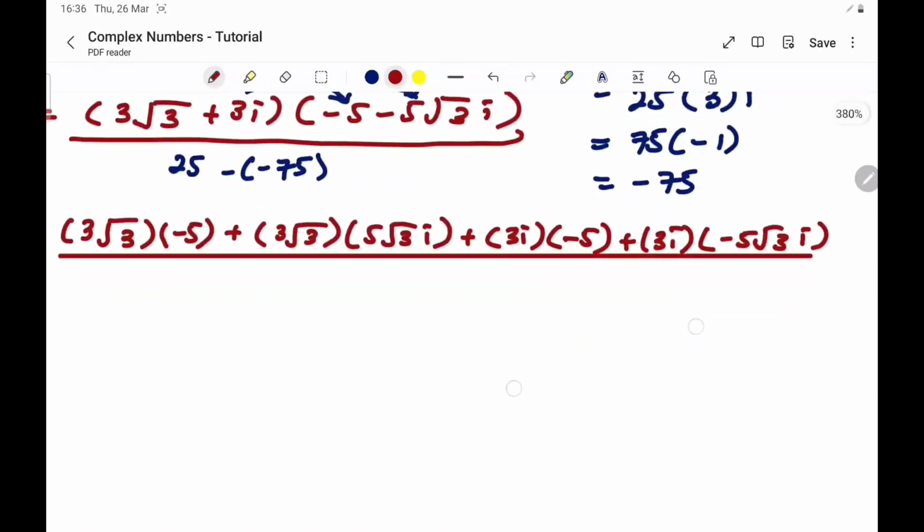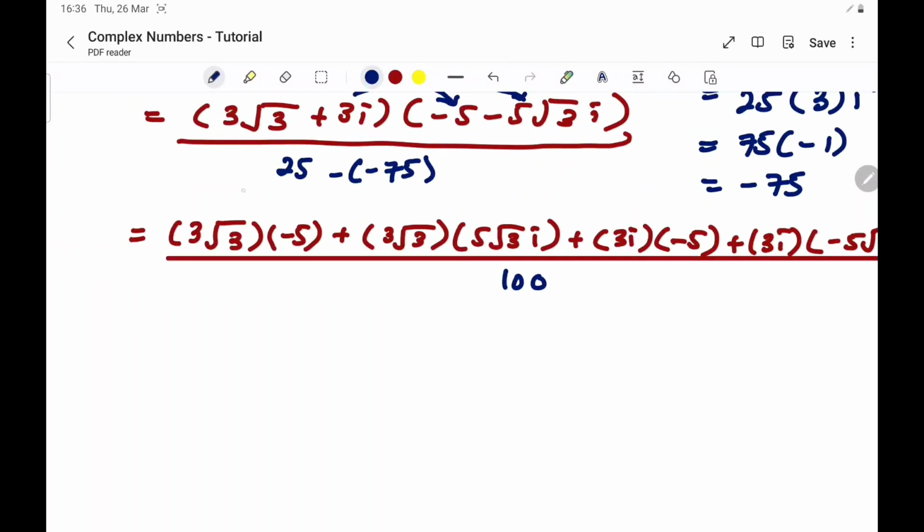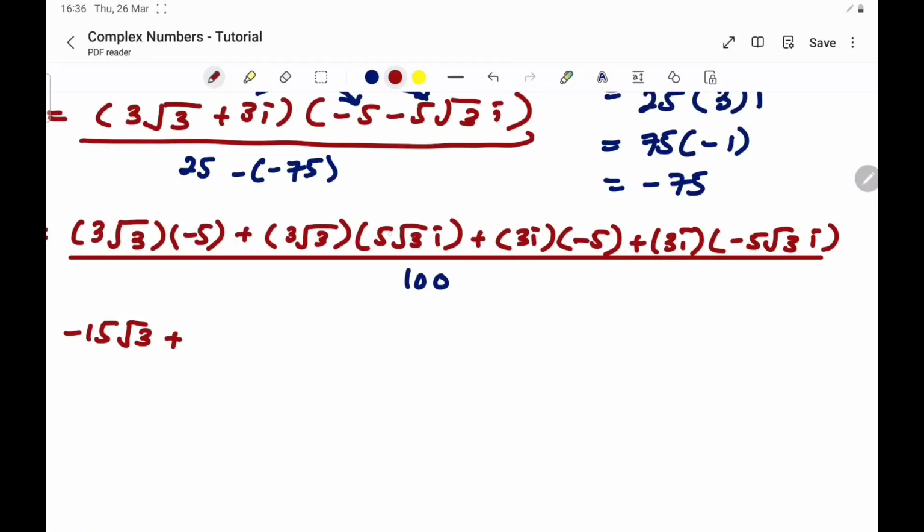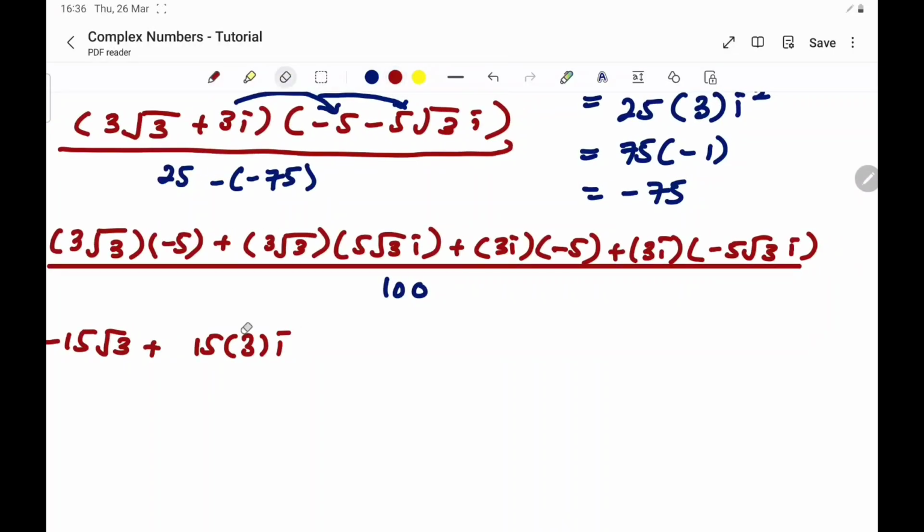Here at the denominator, you're going to get 25 plus 25 minus 75, which gives 100. And then you settle the one that is on top. You're going to get negative 15 square root 3 plus 15 multiplied by 3i, which is equal to 45i. And then these two, you're going to get negative 15i.